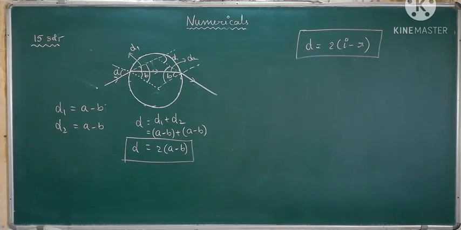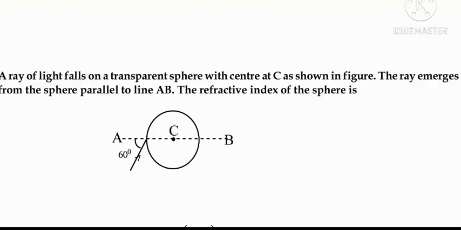Okay. Next, question number 16. A ray of light falls on a transparent sphere with the center at C as shown in the figure. The ray emerges from the sphere parallel to the line AB. The refractive index of the sphere is? So see the diagram carefully.